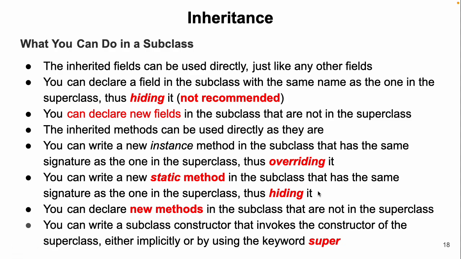The signature is all the same, but because it is static, it can be called through the class, not through the object. If you create a static method inside a subclass, we can call that method using that class name alone. So that's why we are hiding the same method which is present in the parent class. Everything we will see in the code.